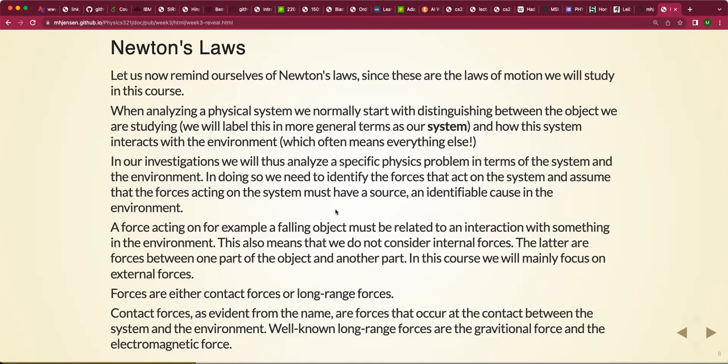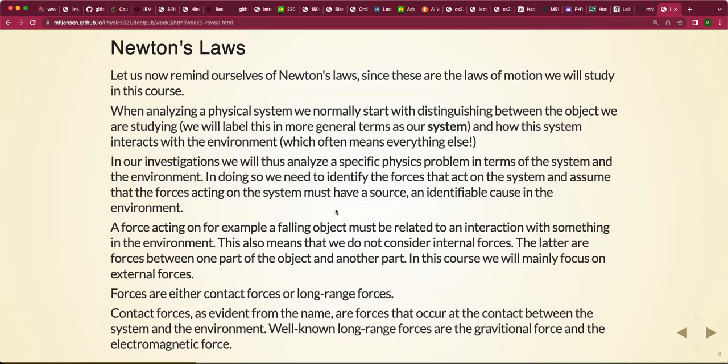So if you think of a contact force, what comes to your mind as a typical example when we say a contact force? Any good suggestions? Yeah? Friction. So you have a block sliding on a plane, and friction is one of the classical examples of a contact force. If we think of long-range forces, what is one of the obvious ones? So gravity. Excellent.